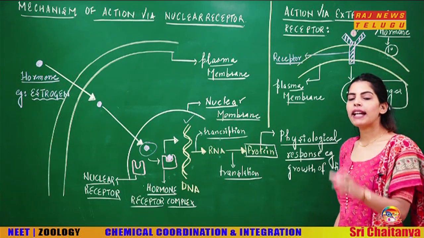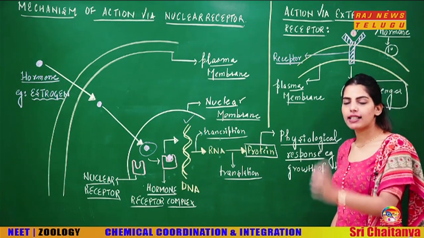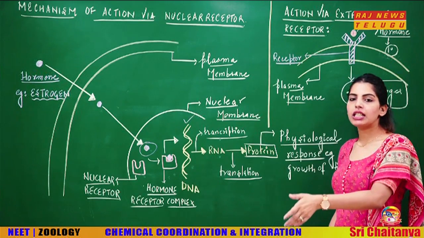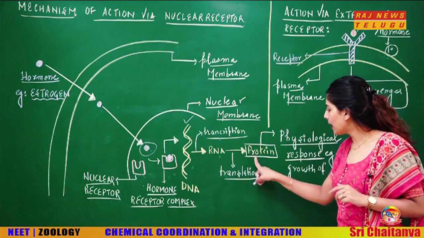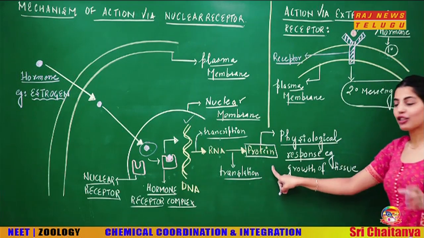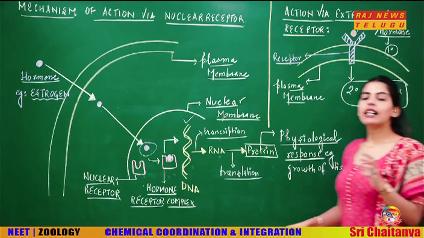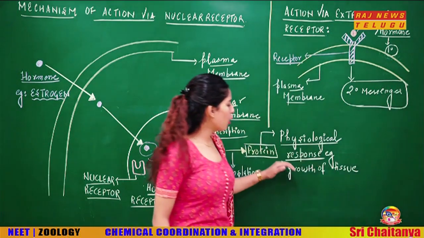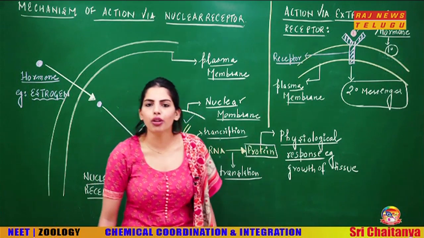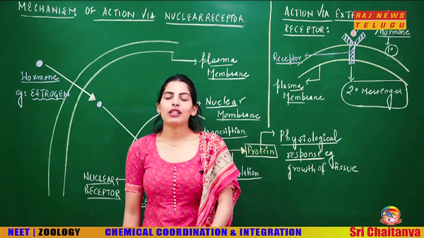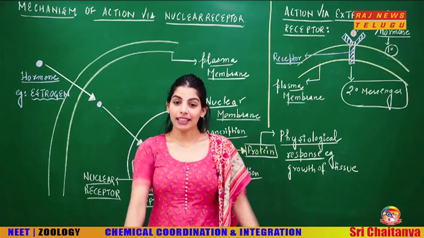Hormone receptor complex binding on the DNA, causing transcription, forming RNA that causes translation, forming a protein that is actually going to cause a specific physiological response, like for example tissue growth. That protein causes a specific response. That is the flow chart.